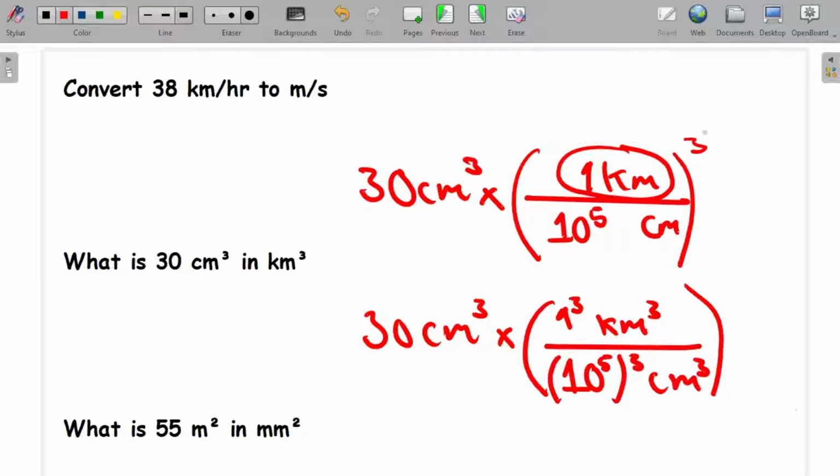That means I've distributed this power. And from here, we can already see that the cubic centimeter can cancel out with the cubic centimeter in the denominator. That means you've gotten rid of the unit of measurement that you don't want, which in this case is the cubic centimeter. And from here, what are you going to do?